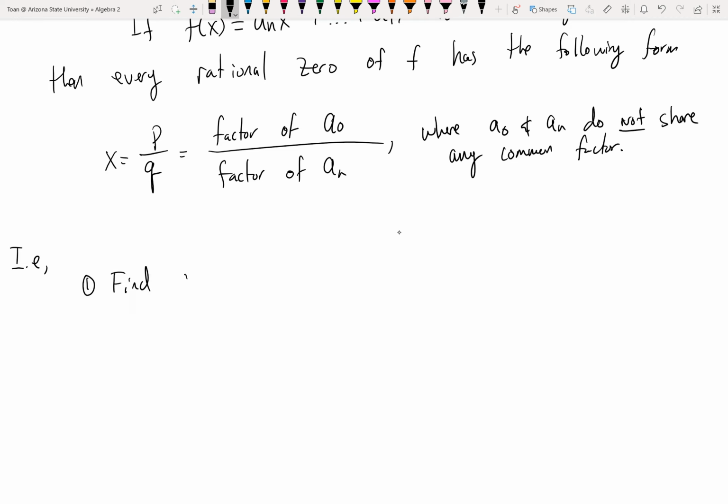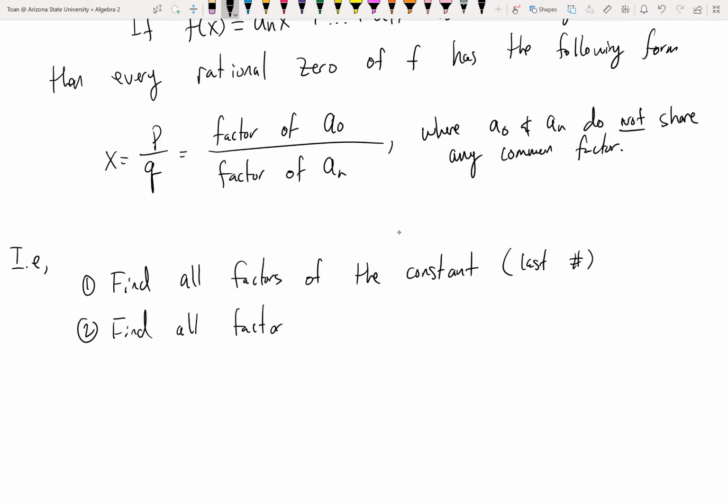You want to find all the factors of the constant, which is the last number. You want to find all the factors of the leading coefficient, the first number.